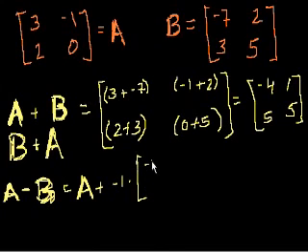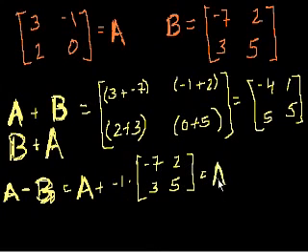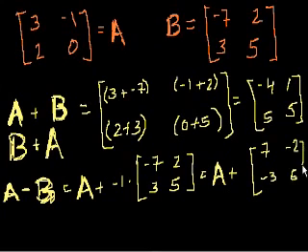And what's B? Well, B is -7, 2, 3, 5. And when you multiply a scalar, when you just multiply a number times a matrix, you just multiply that number times every one of its elements. So that equals matrix A plus the matrix where we just multiply this -1 times every element in here. So 7, -2, -3, and 5.